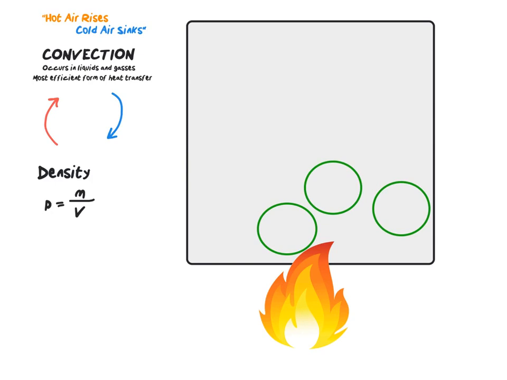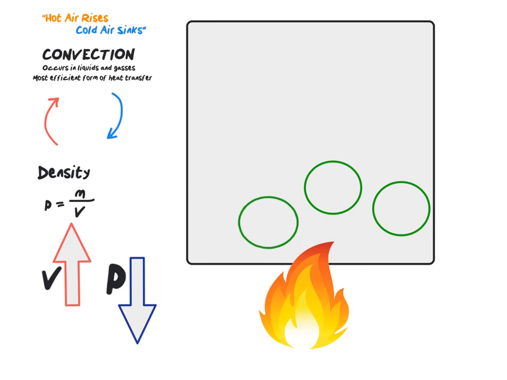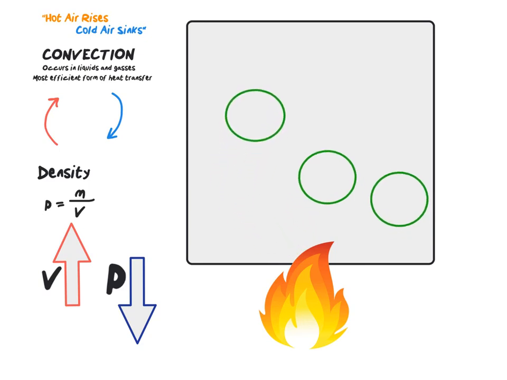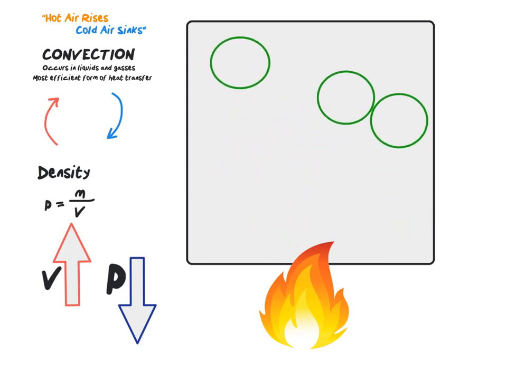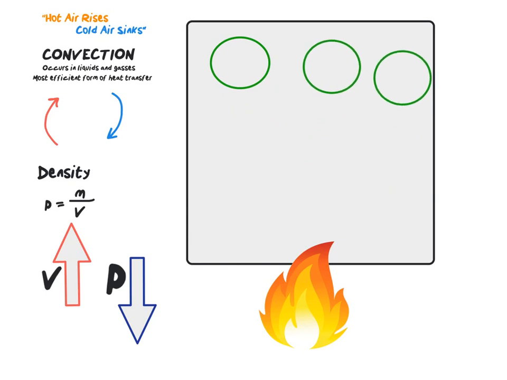As this volume increases in this region over here between the molecules, we see that the density actually falls. And we know that in areas where you have less density, the less dense objects or regions will start to float. And so as the volume increases and the density drops, the warmer air tends to move upwards towards the cooler air.